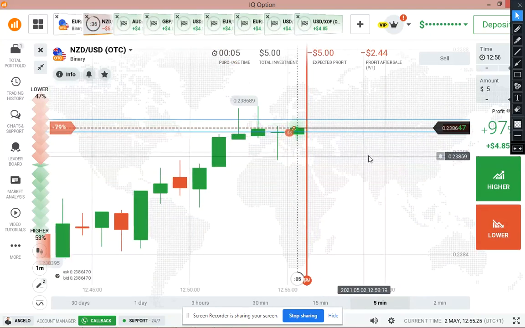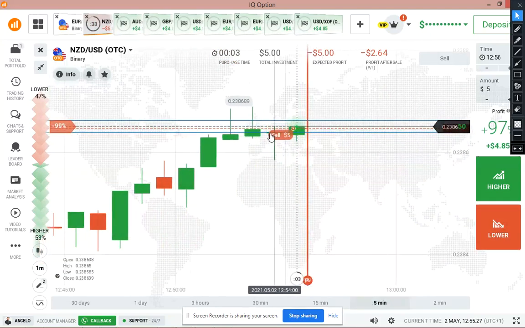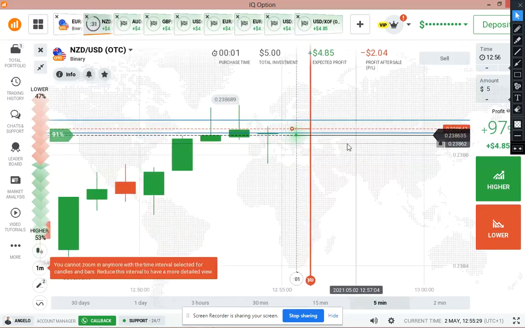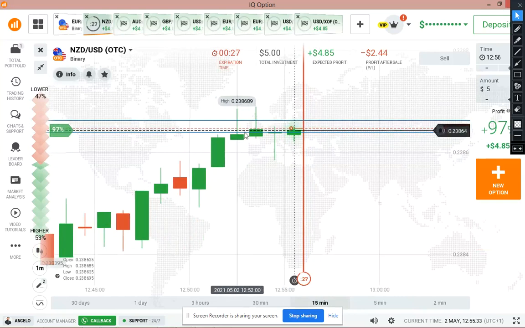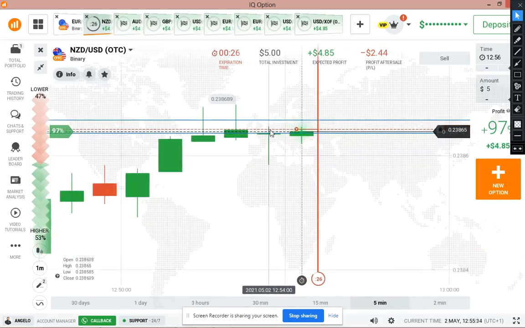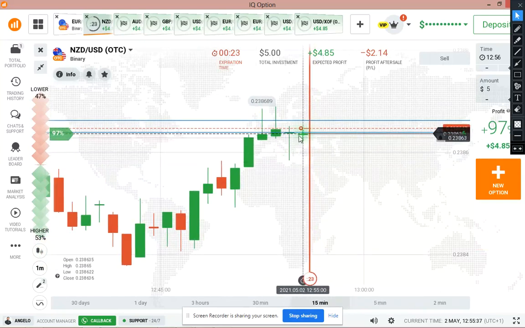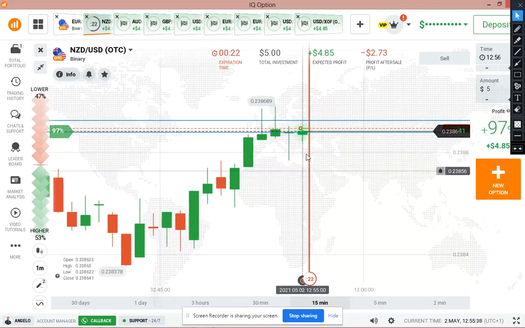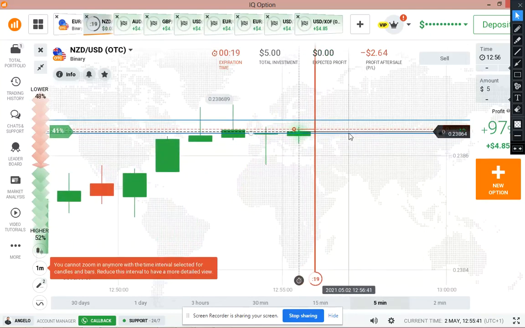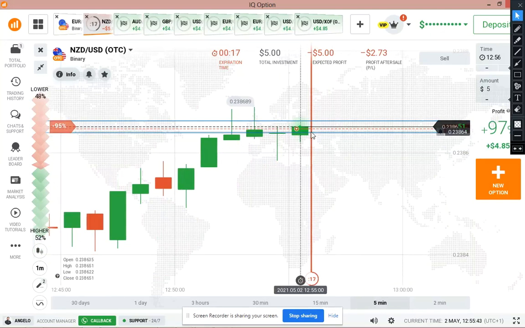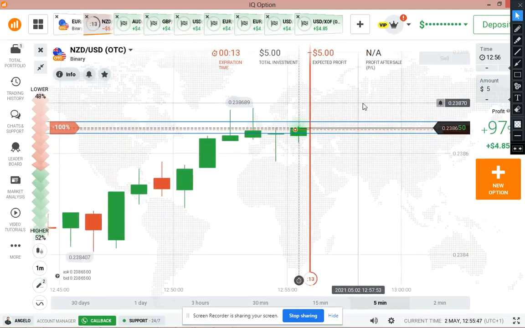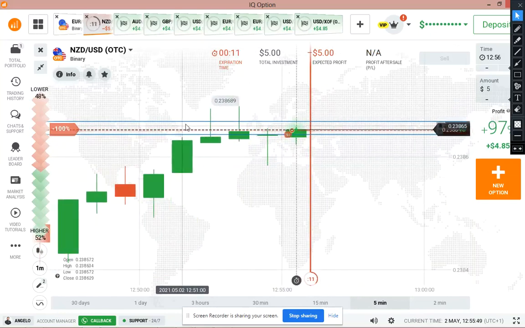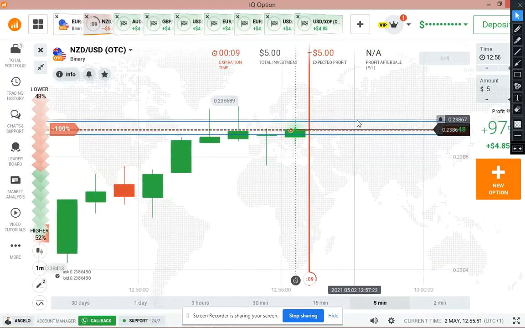So I expect the sellers entry now because the buyers also are weak. Unfortunately, we expected sellers entry, but the buyers still entered. This is the OTC market. The market always forms like this and gives us a bad expectation. So I expect the sellers to enter on the next candle, no matter what, because this is still a sellers area.